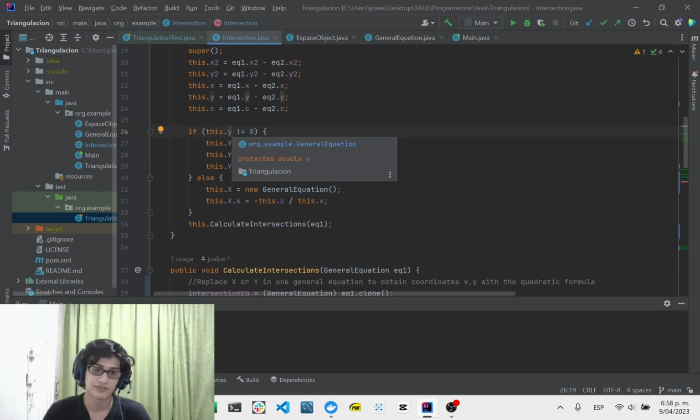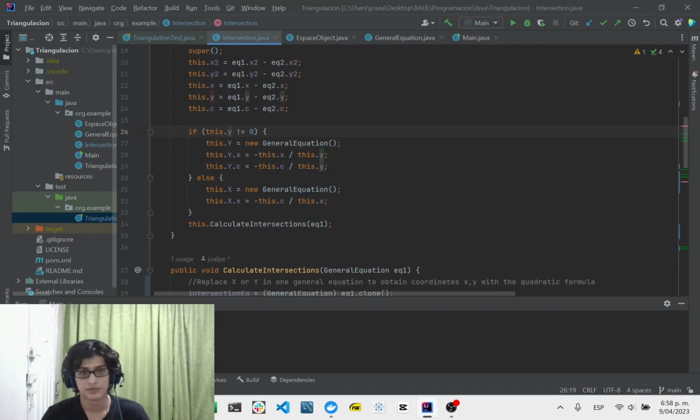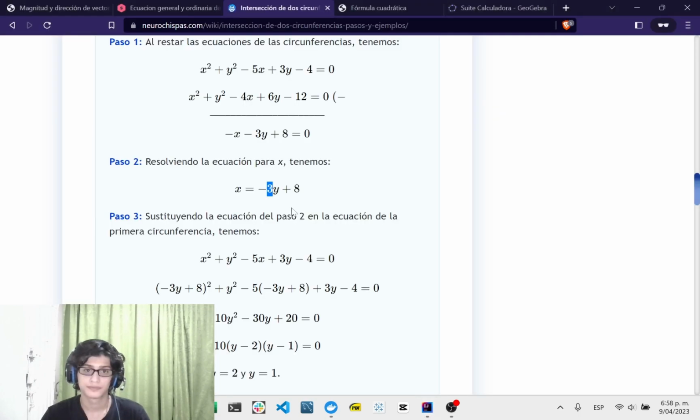If y is different of 0, if I have 1y, I'm going to do this. It's the same, for example, instead of y, this is x, and the x has a y and a c.